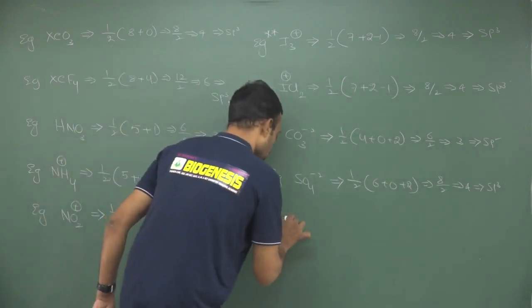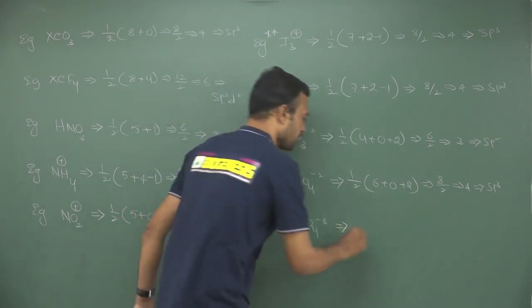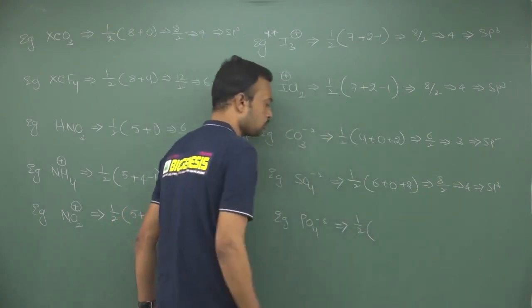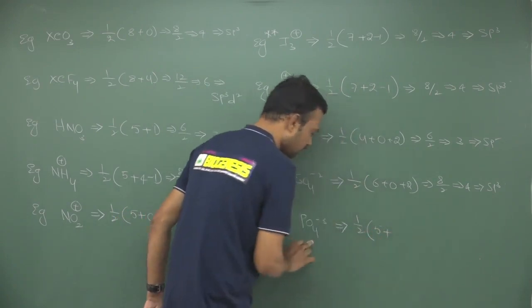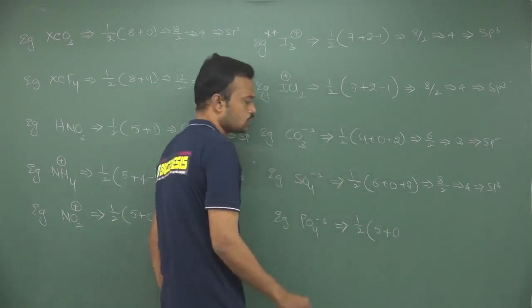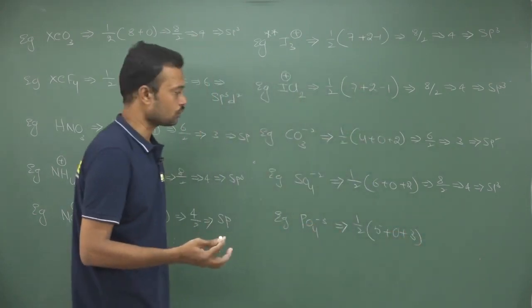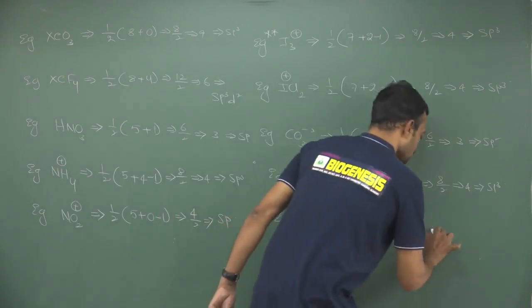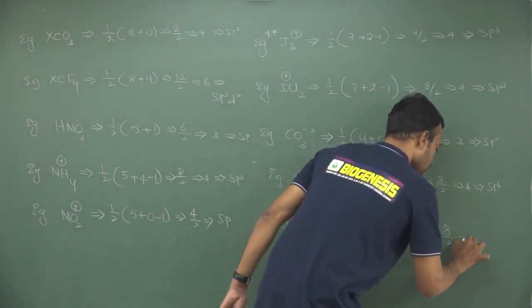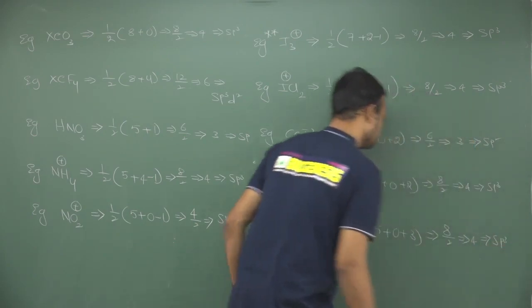So PO4 minus 3. When I take PO4 minus 3, that is 1 by 2, phosphorus is a 5th group element, there is no monovalent atom in this one, so take it as 0. Now the charge is minus 3, which means we need to add extra electrons, plus 3. So here you may expect 8 by 2, finally that is 4, here hybridization is simply sp3.